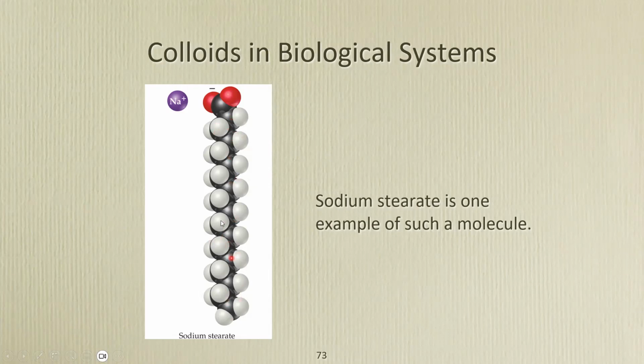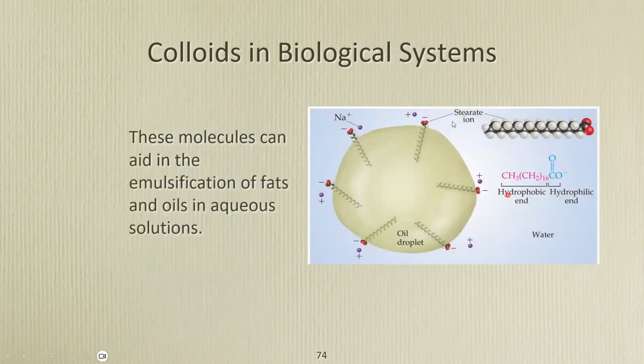Because of that, this can act as an emulsifying agent, meaning that it's going to allow two different immiscible liquids to come together in some sense. So when we look at something like this, we've got an oil droplet. You can think of this as oil, as fat, something that's not going to mix with water.